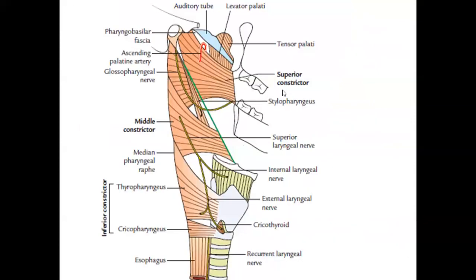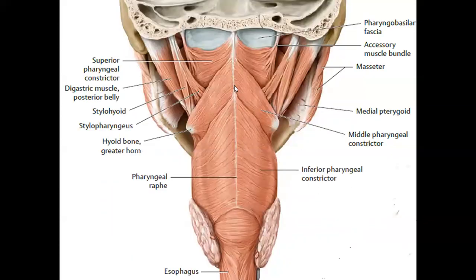These constrictor muscles form the bulk of the pharynx. They arise from the openings of the nasal, the oral, and the laryngeal cavities. And then the fibers of these muscles pass backward and are inserted into the fibrous raphe, or the pharyngeal raphe, that is attached on the base of the occiput. This pharyngeal raphe extends from the base of the skull till the esophagus.